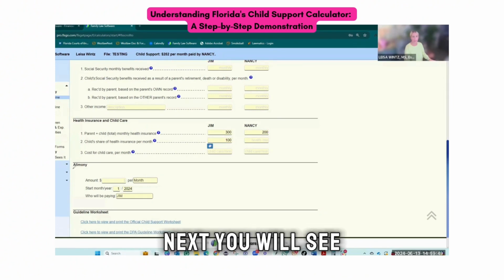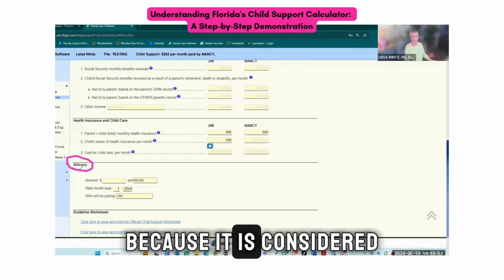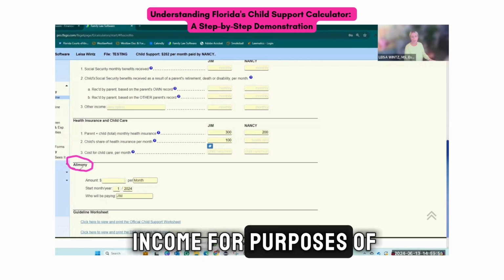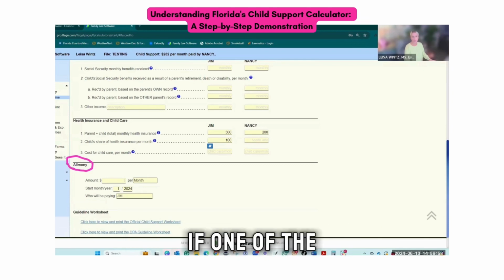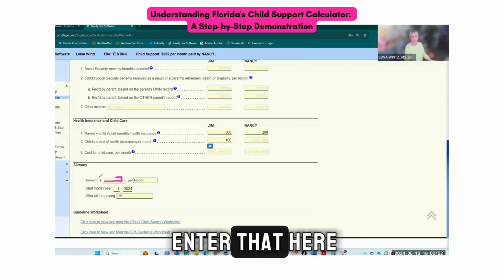Next, you will see the alimony section. Alimony is important because it is considered income for purposes of child support. If one of the parties was getting alimony, you would want to enter that here.